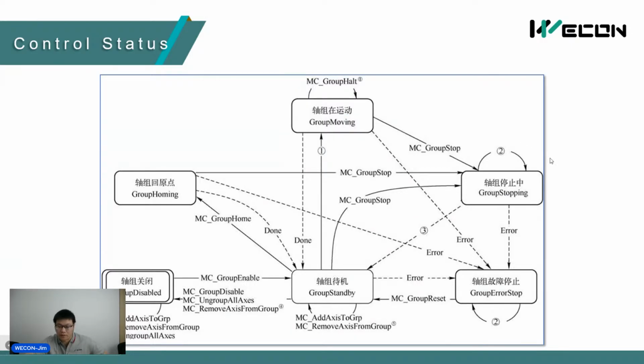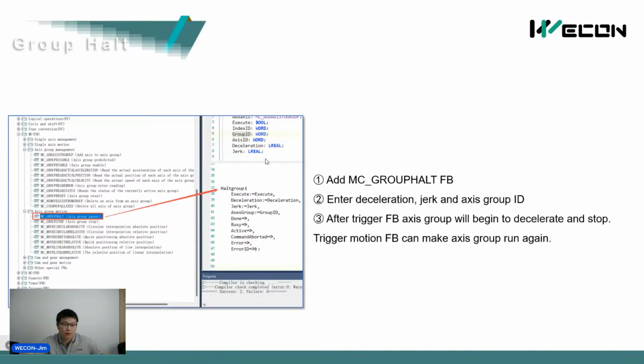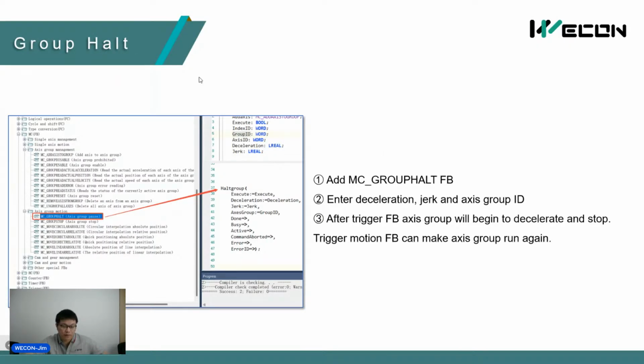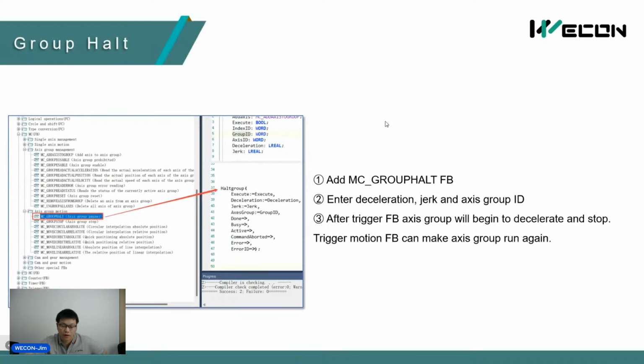And when you, for example, disable the MC group, the axis will change to group standby status. But this halt will not make the axis enter the stopping status. If you disable this function block, the axis can continue to move. This is the difference between these two, stop and halt.